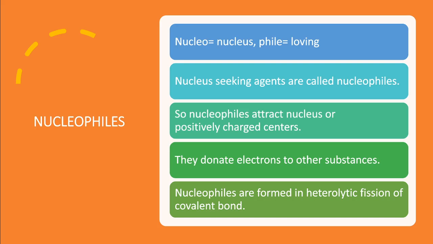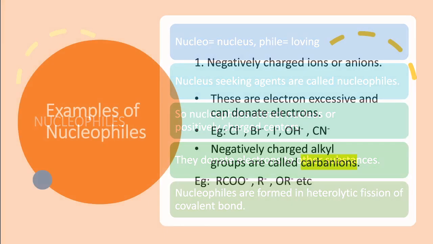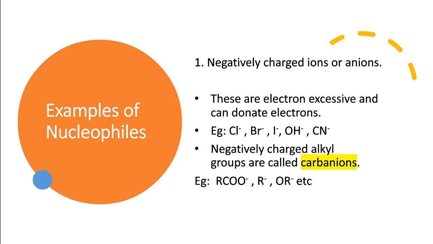Now let's look into the examples of nucleophiles. One type is negatively charged ions, or anions. These are electron excessive and can donate electrons readily.